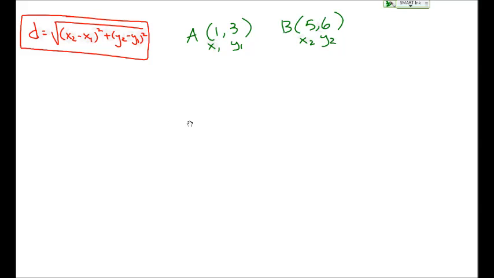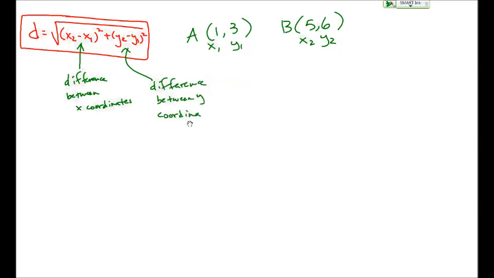But honestly, the way that I think this through is I think about this as the difference between x and this as the difference between the y coordinates. So I think about d as the square root of the difference between 1 and 5 is 4, 4 squared.